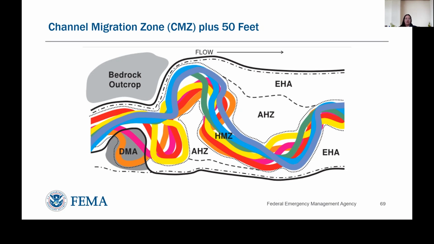We're not talking about geologic time. We're not talking about where it was a century ago. We're talking about the natural behavior of a river to meander and occasionally avulse into those little oxbows there at the left. So the channel migration zone defines that entire area where that river is likely to be meandering and snaking about. So channel migration zone plus 50 feet is another part of the protected area.